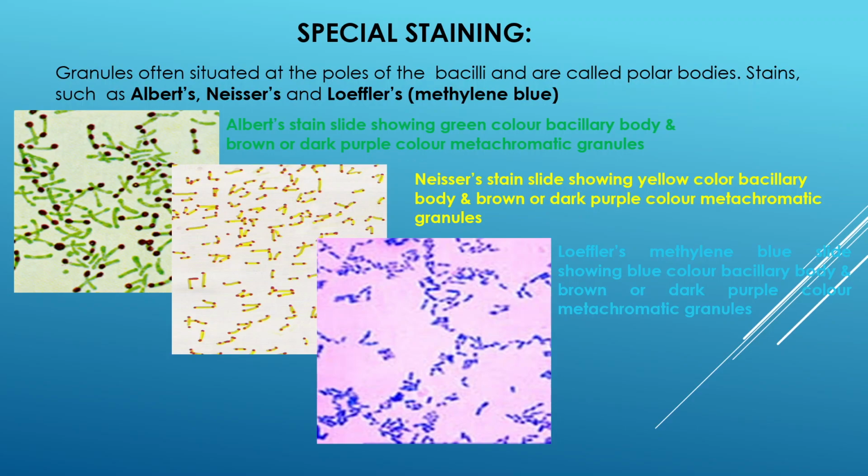Albert stain slides show green bacilli bodies and brown or dark purple metachromatic granules. Neisser stain slides show yellow bacillary bodies and brown or dark purple granules. In Loeffler's method, we use methylene blue; slides show blue bacilli bodies and brown or dark purple metachromatic granules.